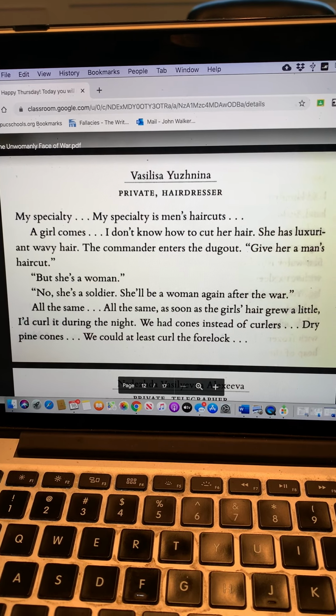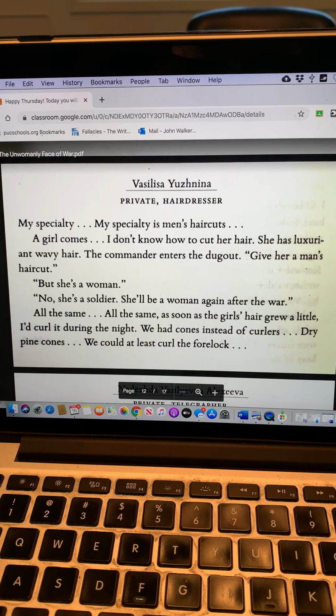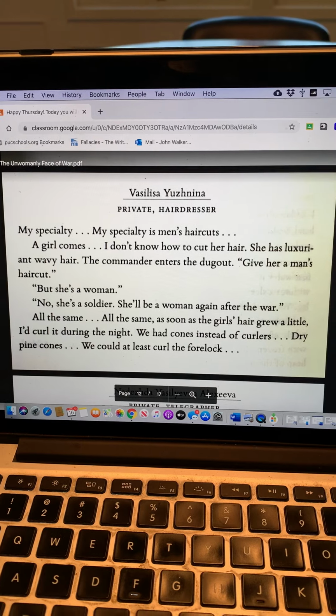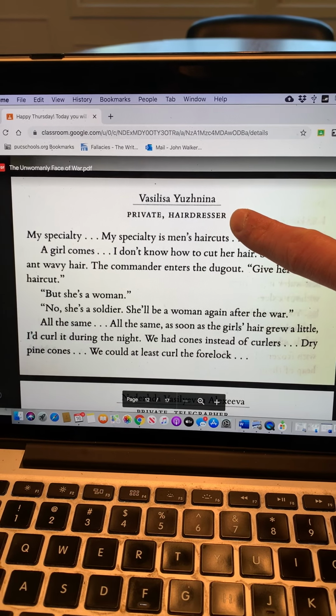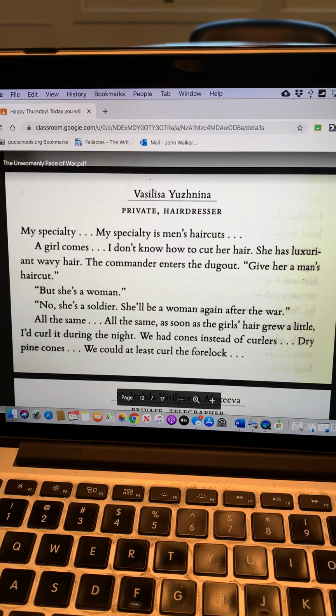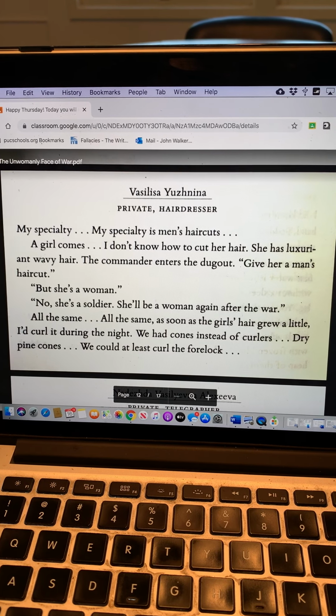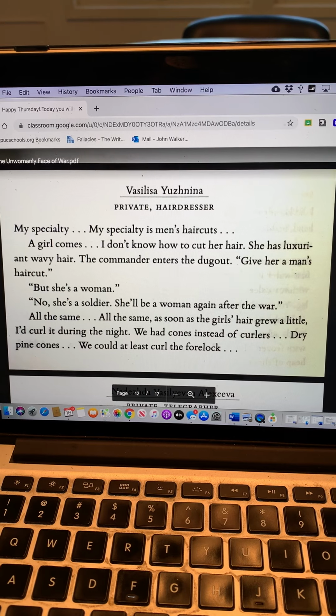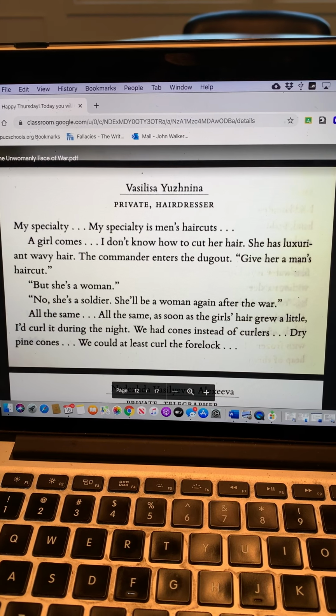What is something that continues in the expectation of women? And so just look at the job of the woman. Is this a change or a continuity? Were women hairdressers before? Or are suddenly women being made into hairdressers? Okay, that could be your change or continuity.